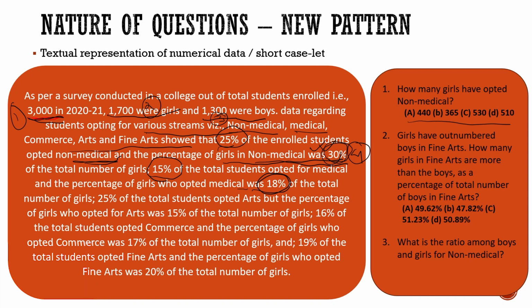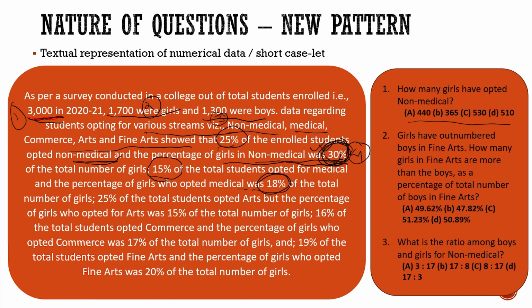So the non-medical girls percentage is already given, 30%. Okay, so when the girls percentage is given, by the reciprocal method you can find out what is the percentage for boys in the non-medical stream. And given this, you can find out the ratio. So you have to apply the formula of ratio here.